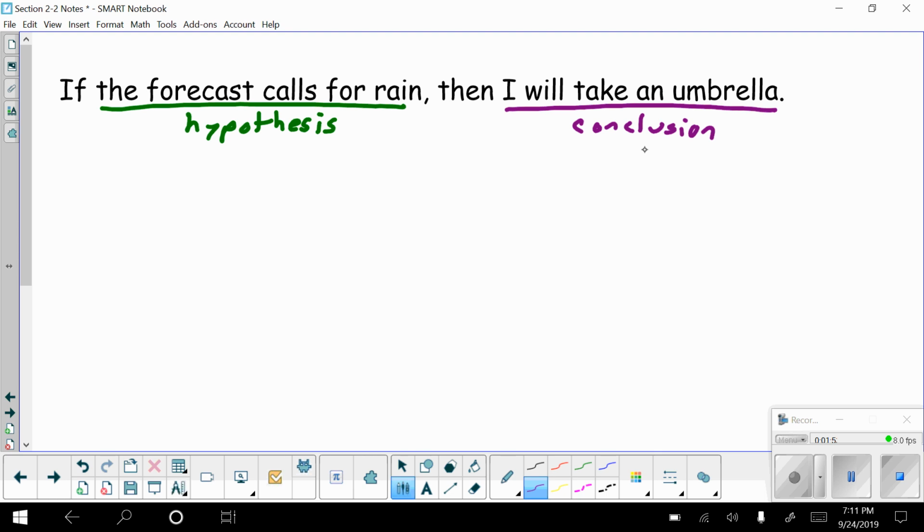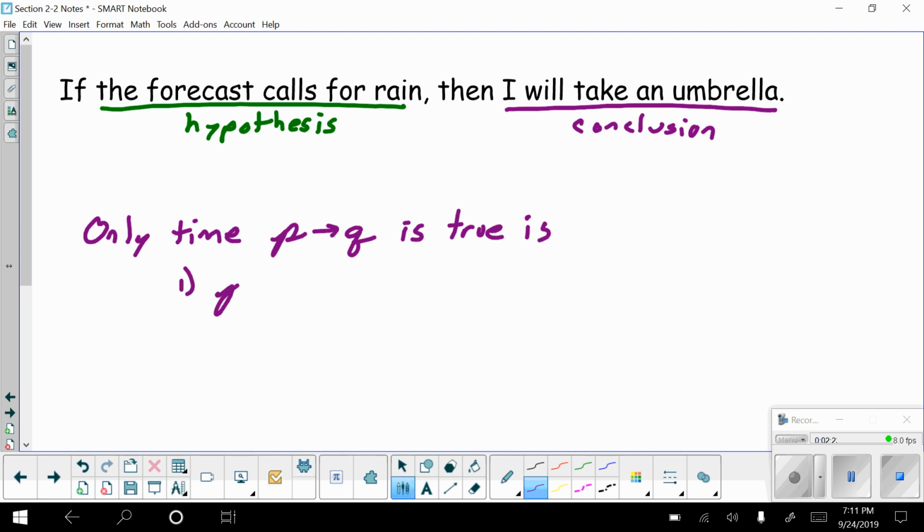Now, in terms of telling whether or not a conditional statement is going to have to be true based on the truth values of the individual statements of the hypothesis and conclusion, this is going to feel a little bit weird. The only time that a conditional is true is in two cases.